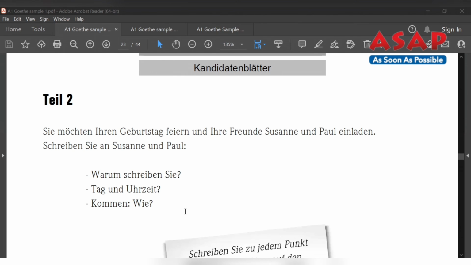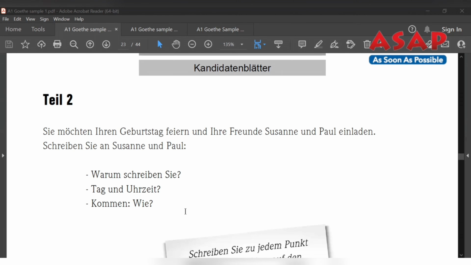And the next one, wie kommen wir. Now here there can be confusion. Either you have to tell them how to come, or you are asking them how they are coming. Usually you won't ask how they are coming. The expected part will be how they should come. But as it is not clear, both the points should be correct.